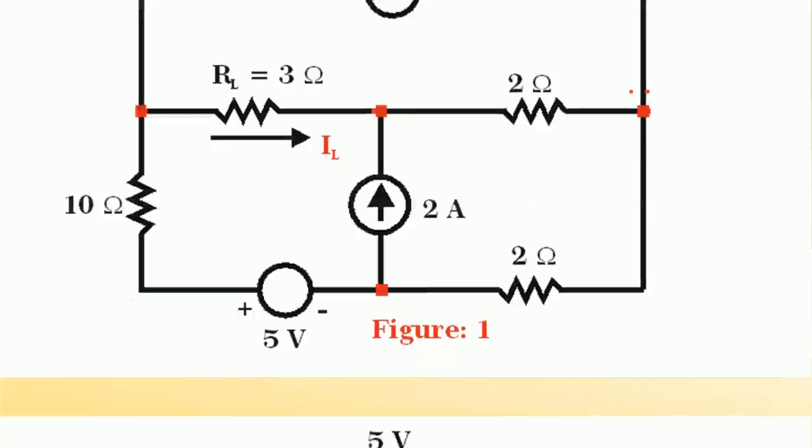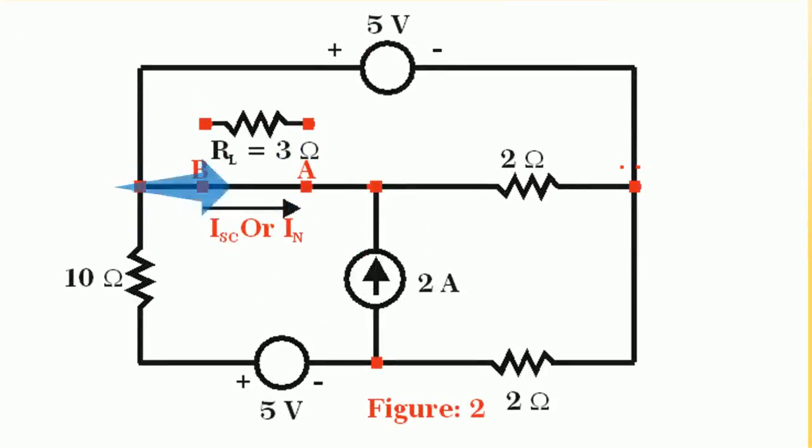To find the Norton's current IN or ISC, open the load branch as shown in figure 2 and short the open circuited terminals A and B. Now, if you observe the network, it has one ideal voltage source of 5 volts and one ideal current source of 2 amperes.